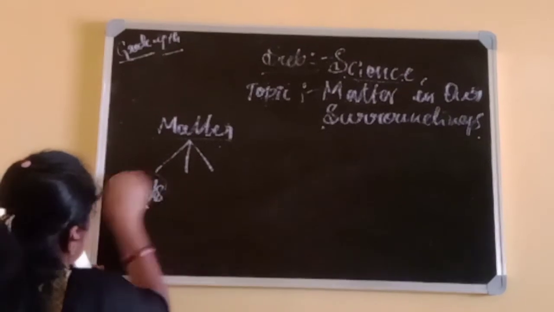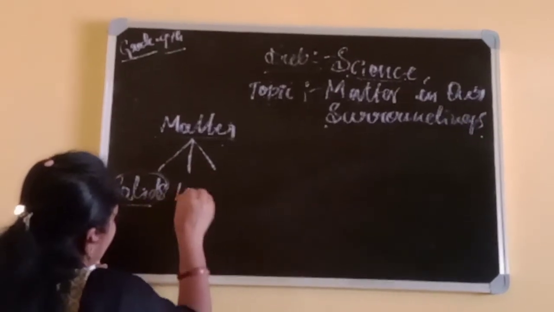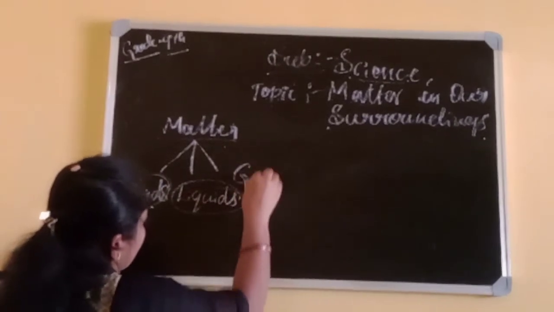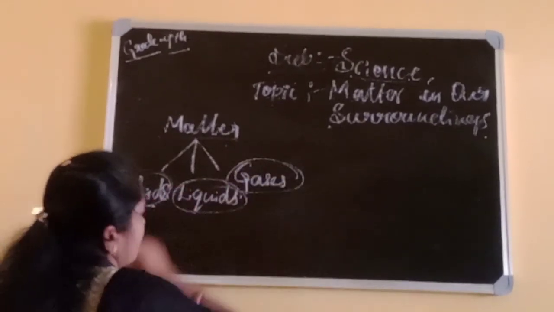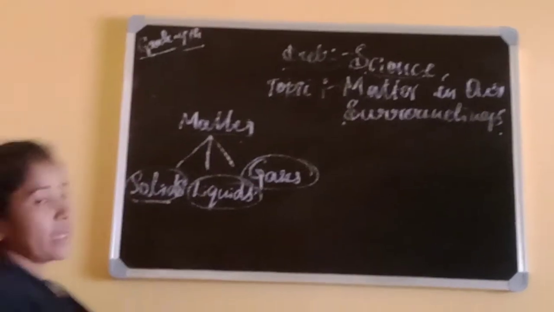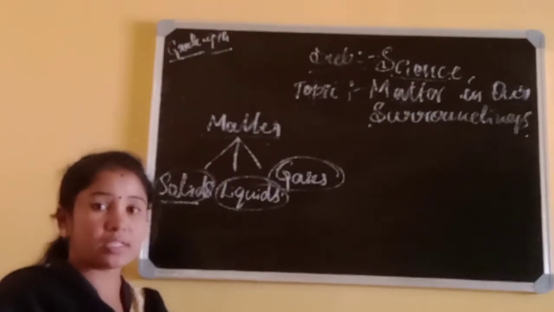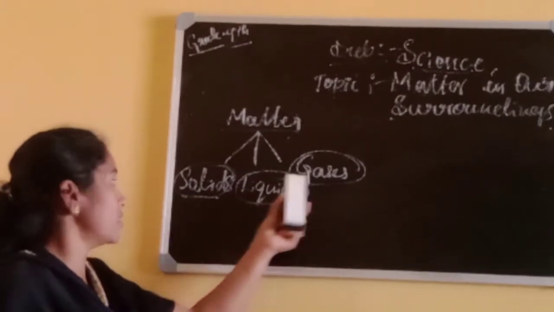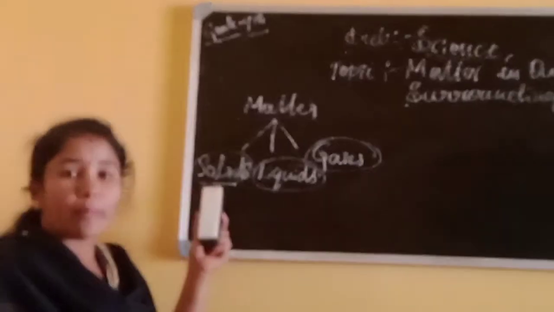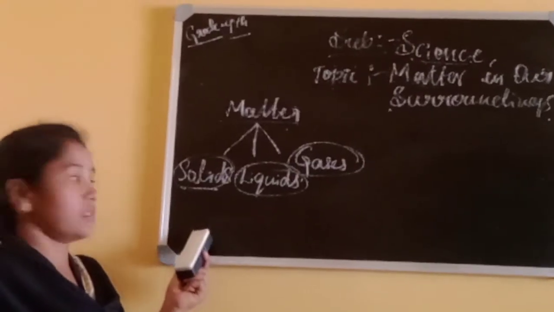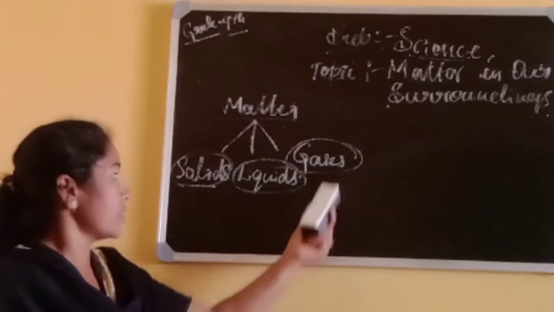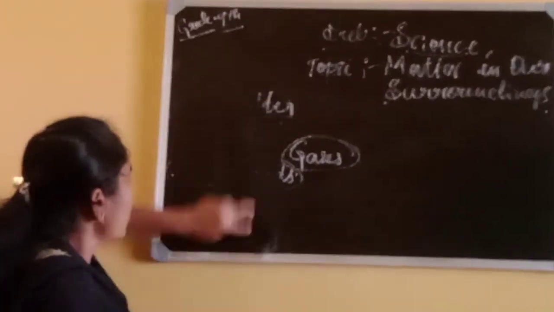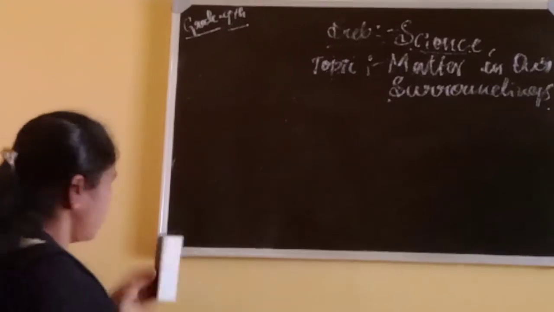Now let's see the properties of solids along with examples, properties of liquids along with examples, and properties of gases along with examples. Now let's see one by one.